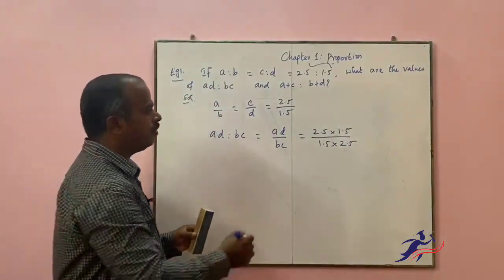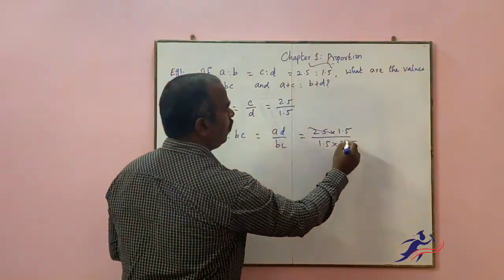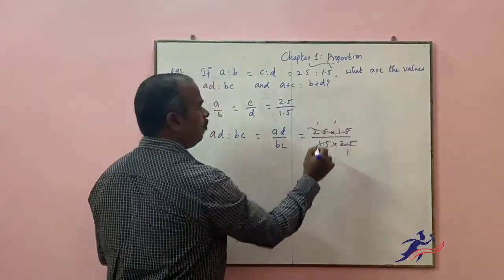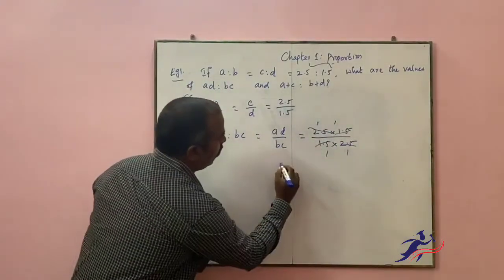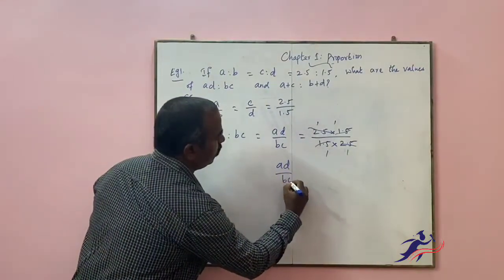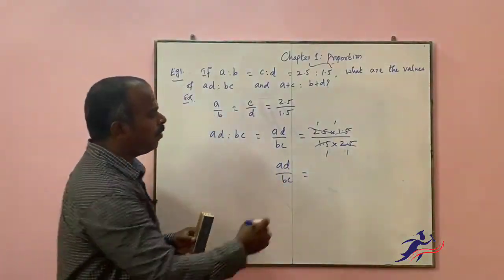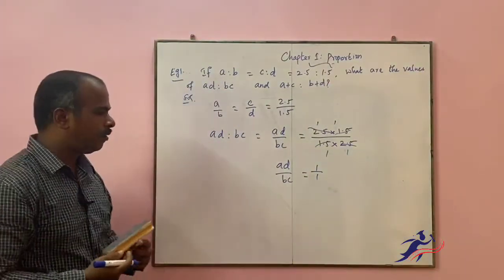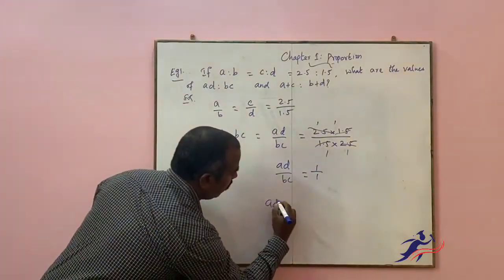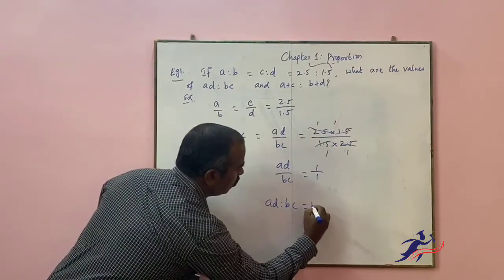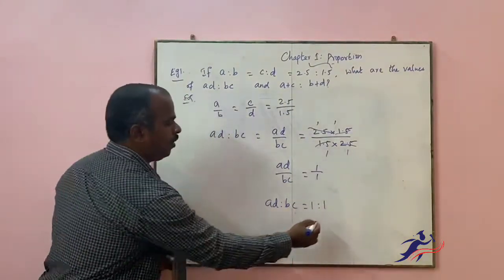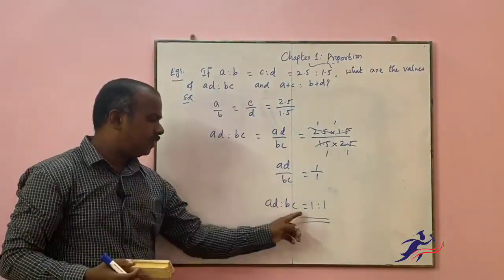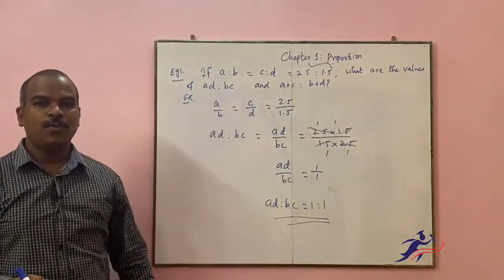Now you check: 2.5, 2.5, 1.5, 1.5 cancel, that is AD by BC is equal to 1 by 1. So when you write this in ratio, we get AD is to BC equal to 1 is to 1.